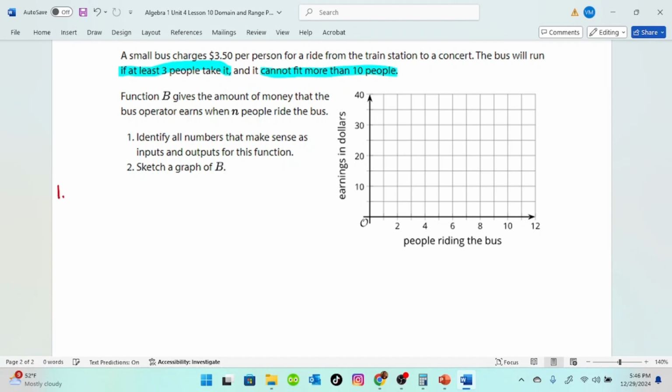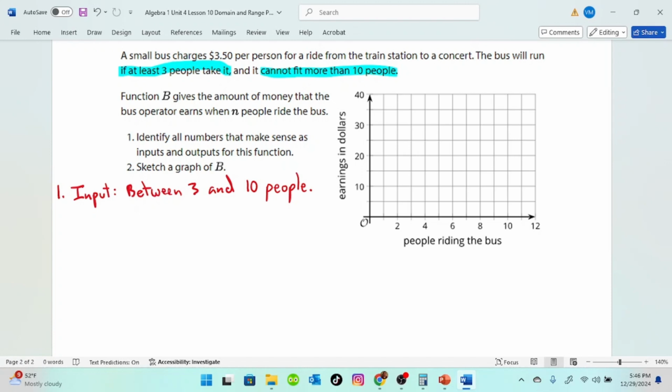So for number 1, the input is between 3 and 10 people. If it's any less than that, the bus won't run. And if it's any more than that, it can't fit the people on there. So this is going to be our domain.